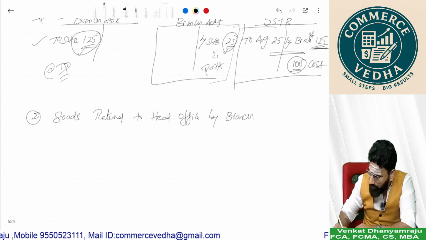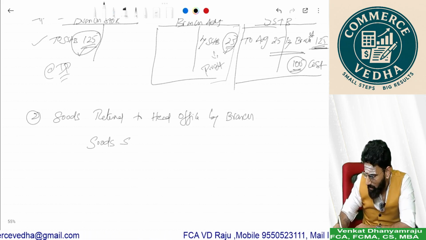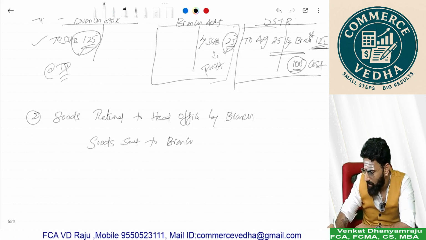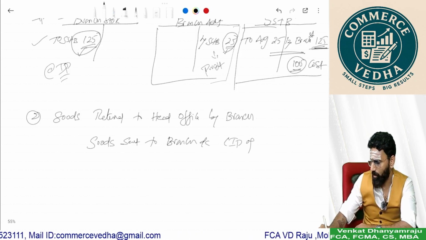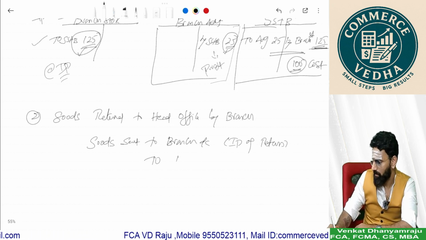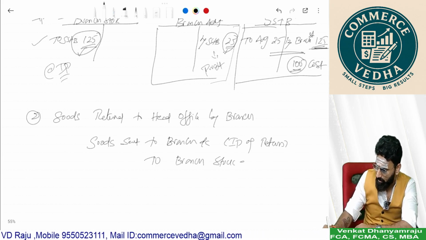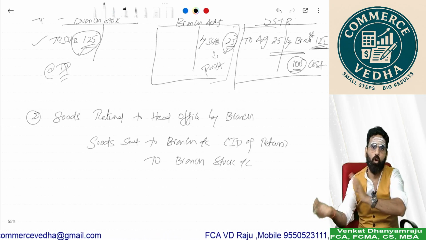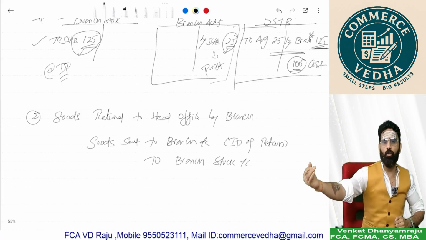The entry is goods sent to branch account, invoice price of returns, to branch stock account. Because when it comes, debit the stock, when it goes, credit the stock. Basic theory. Debit what comes in, credit what goes out.